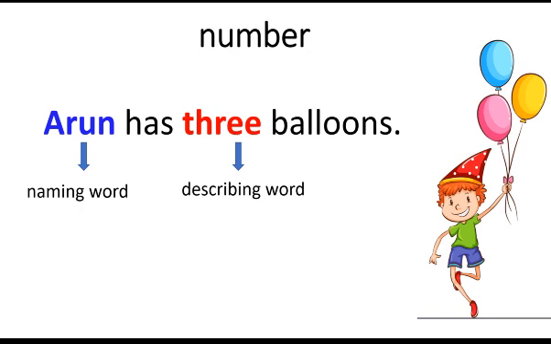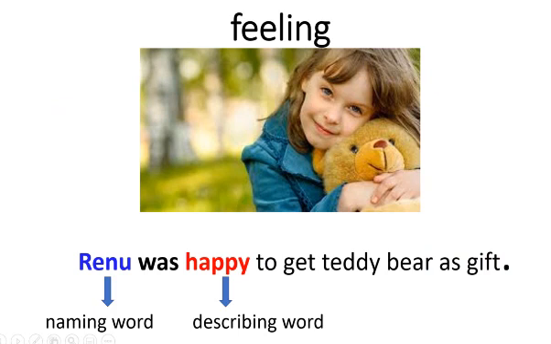So Arun is the naming word and 3 is the describing word which is describing the number of balloons that Arun has. Renu was happy to get teddy bear as a gift. Renu was happy. So happy is the describing word which is talking about the feelings of Renu. So Renu is the naming word, happy is the describing word.